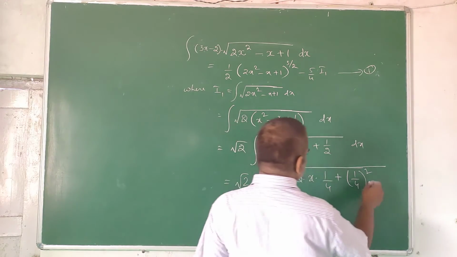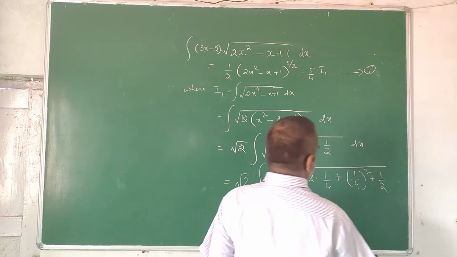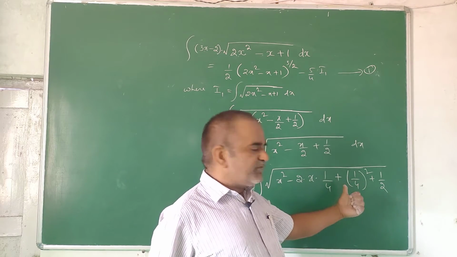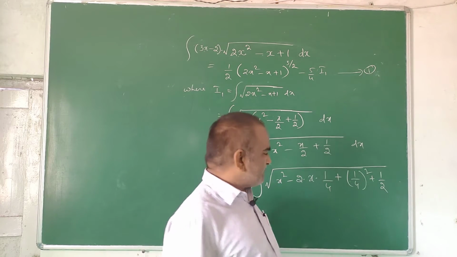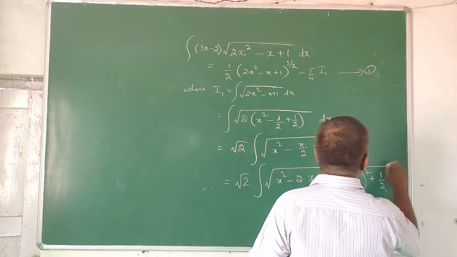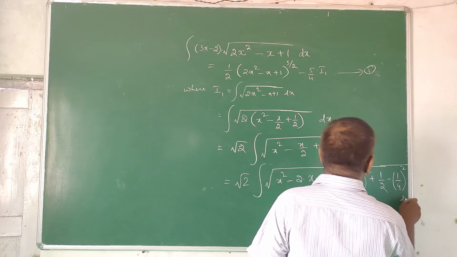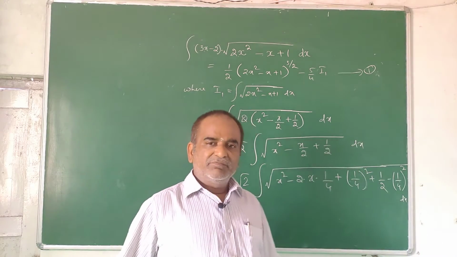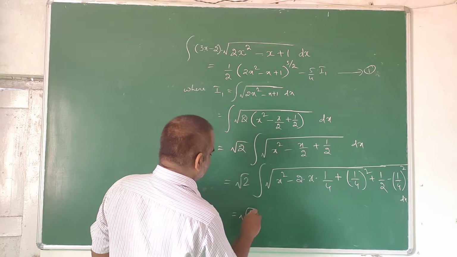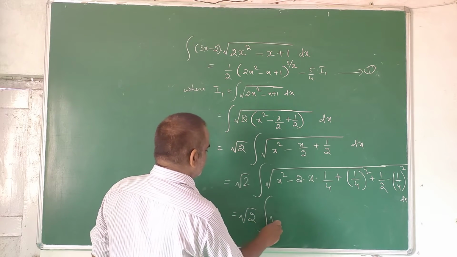plus 1 by 2, it is an existing term. As you have added 1 by 4 whole square, you have to subtract 1 by 4 whole square. So minus 1 by 4 whole square dx. So this is equal to root 2 into integral root over.